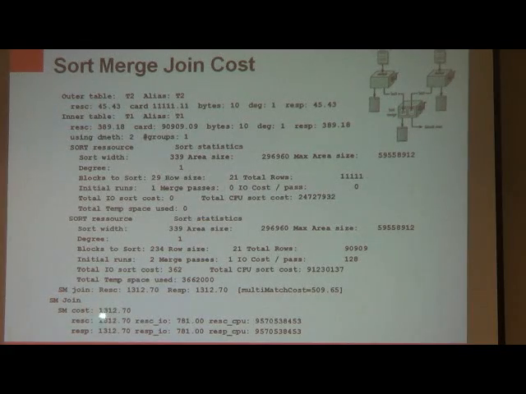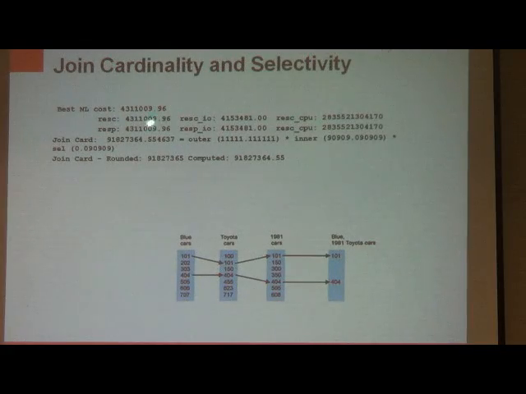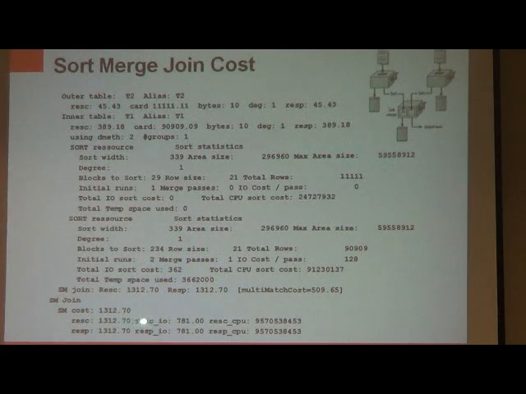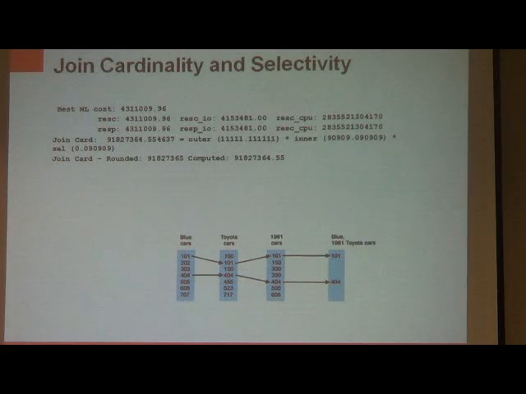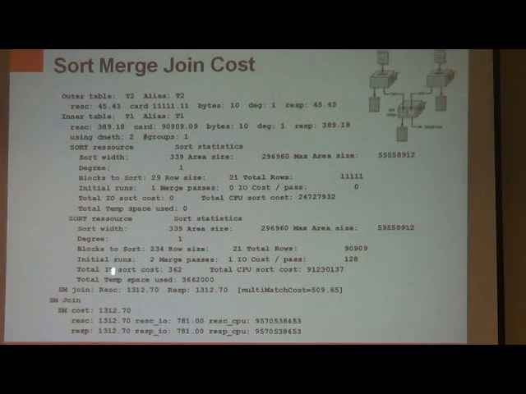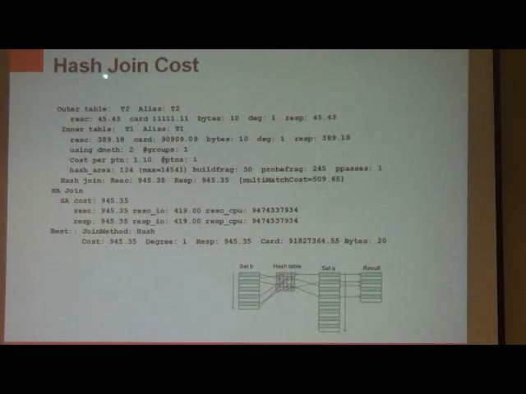Now, if I compare this number to this number, it's clear that this number is better. So it's going to discard this. It's going to say, forget about the nested loop, it's way too expensive. I may go with a sort merge join, 1312. And then it's doing the same with a hash join. Saying, okay, I have 3 options. I do nested loop, I do a sort merge join, or I do a hash join.